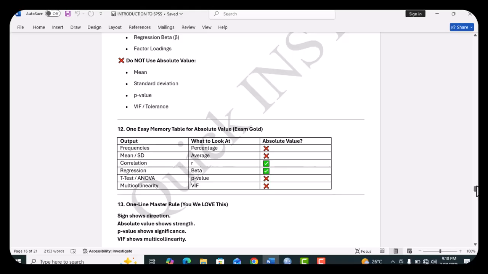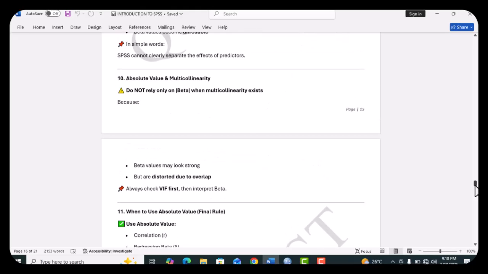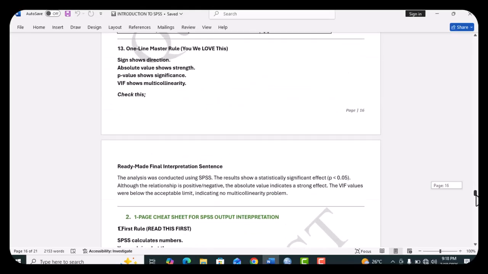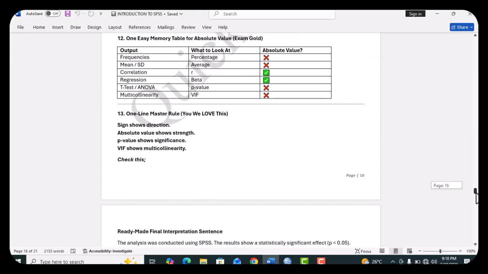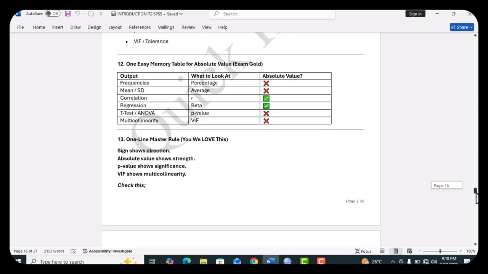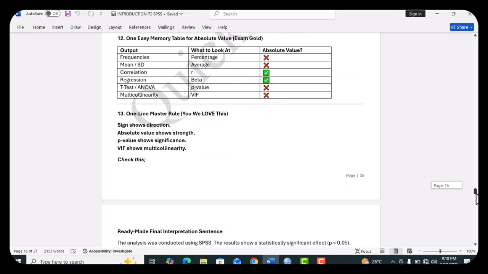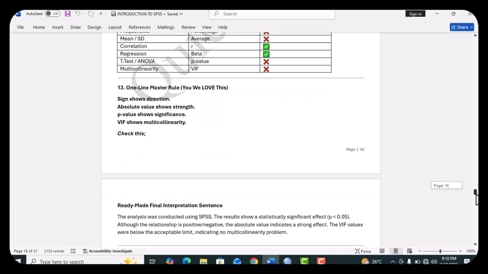One-line master: sign shows direction, absolute value shows strength, the p-value shows significance, and the variance inflation factor shows multicollinearity. Now this is an interpretation for a general analysis in SPSS.